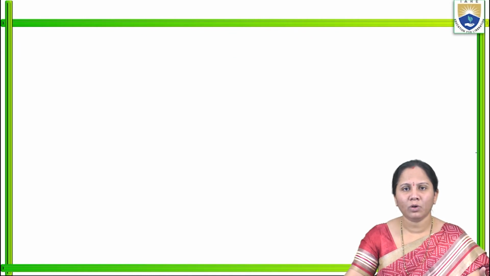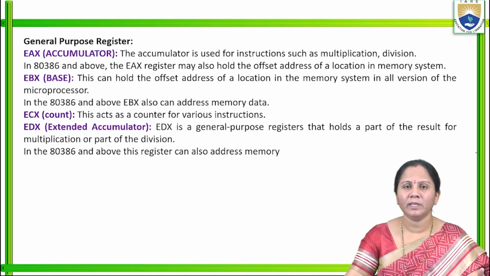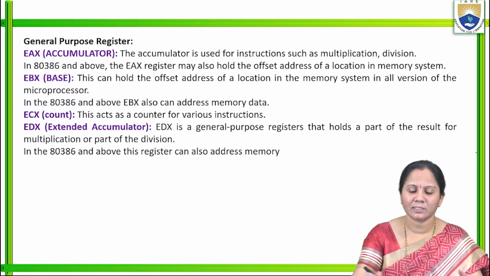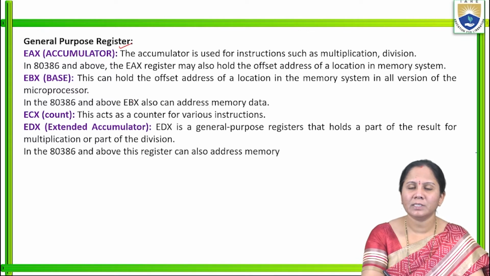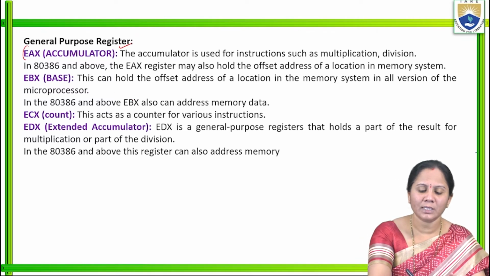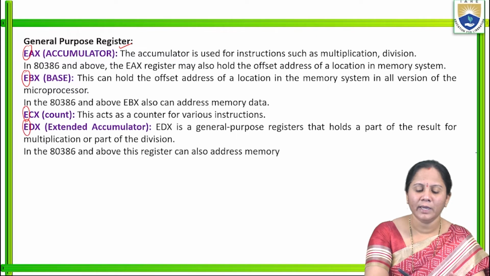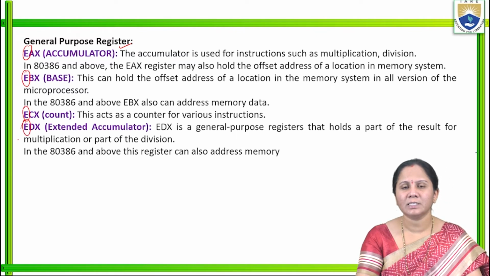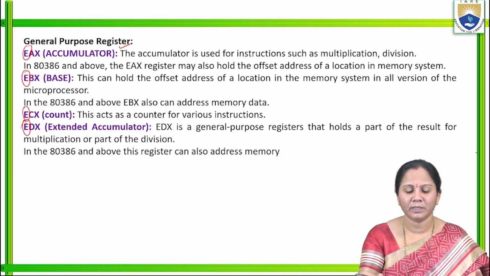We have to list out all these and explain about each register that is available in the register organization of 80386. So EAX means accumulator. In all these cases, E stands for extended, that means the register size is extended to 32-bit.